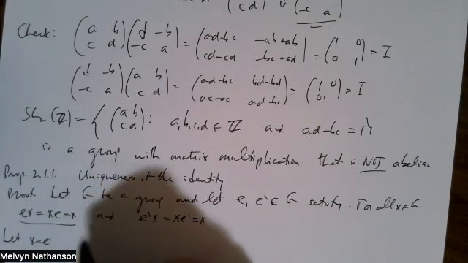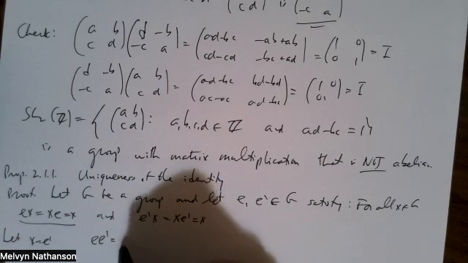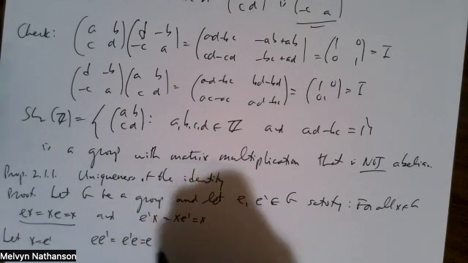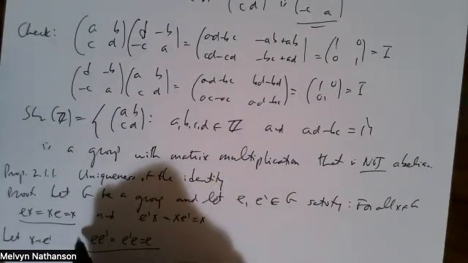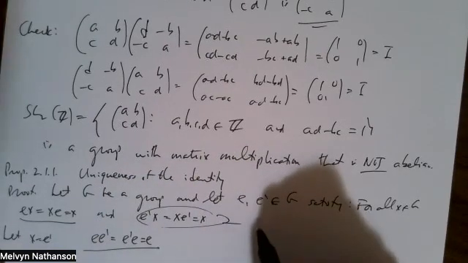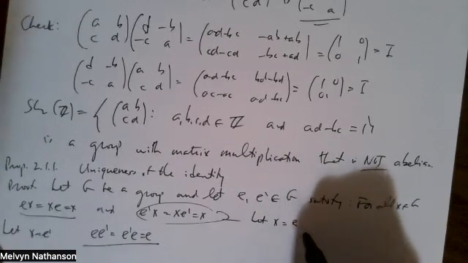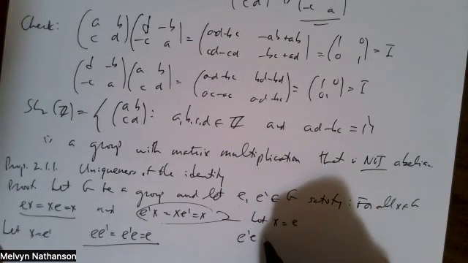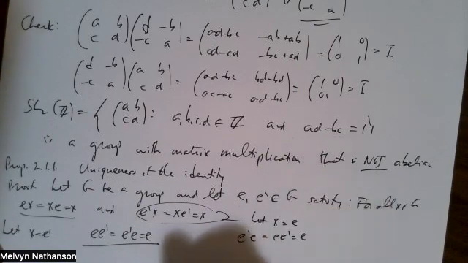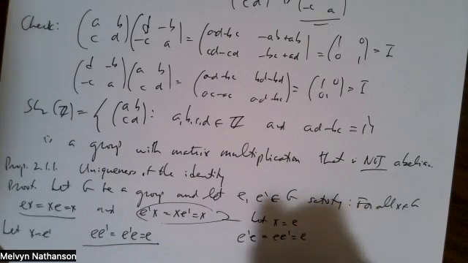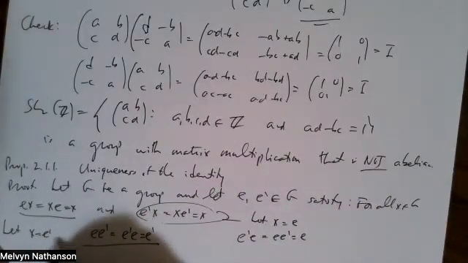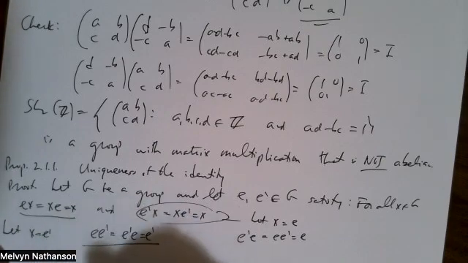This says that E prime equals E prime E equals E. In this equation, if we let X equal E, we would get E prime E equals E prime equals E. Multiplying any element X by E recovers X. So if you choose X equal E prime, you get this.